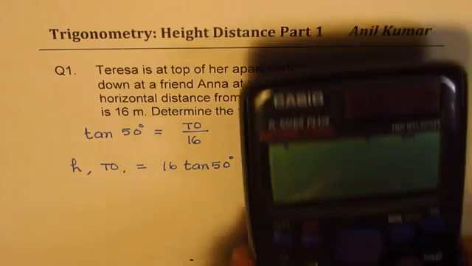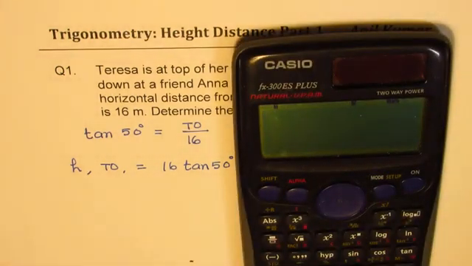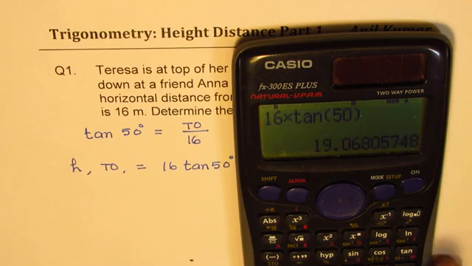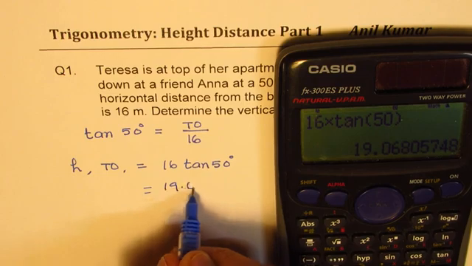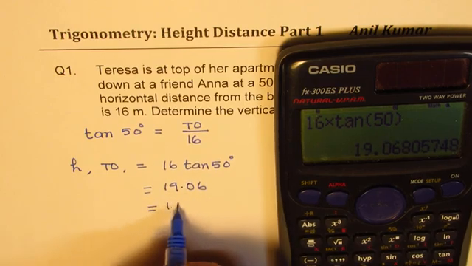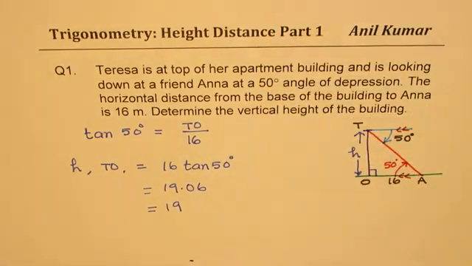Sometimes in these questions, they will tell you to round answers to 1 decimal place, something like this. So in that case, you need to round your answers also. Now let us see what do we get. We get 19.06. So that is fair enough. 19.06. You can easily write 19. And do not forget to include units.